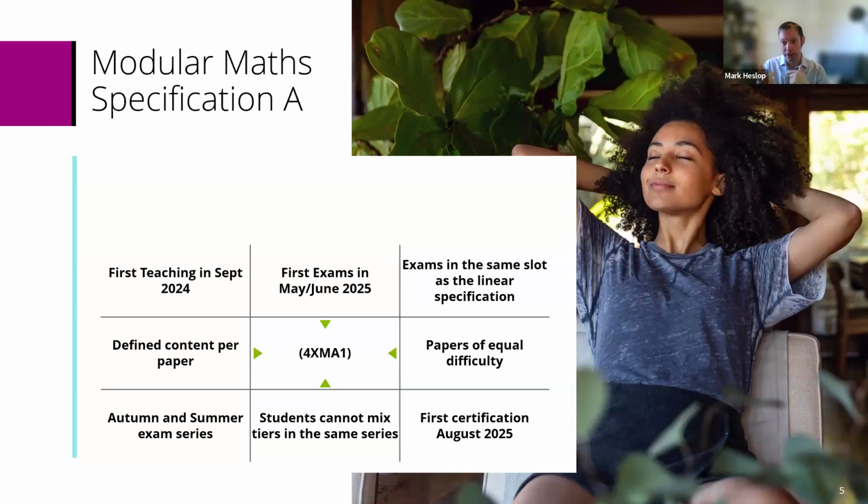So foundation and higher tier, we have crossover questions. That means a student cannot, in the same series, be entered for foundation and higher. And I'm going to stress in the same series, but I will come to how that helps us with tiering decisions later on.